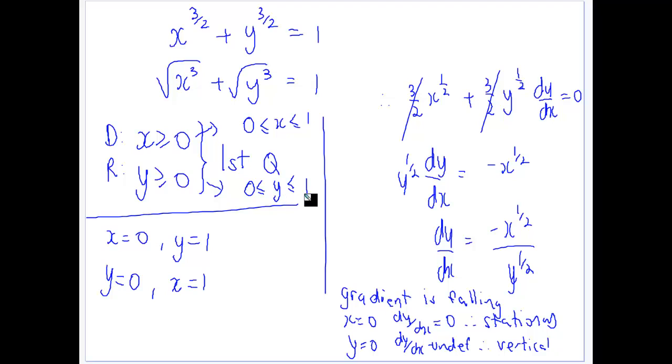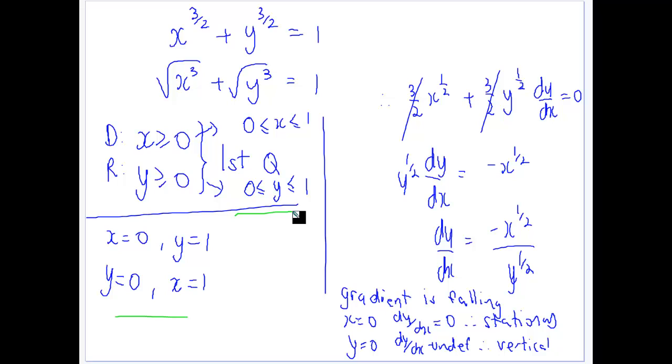And y is between 0 and 1 as well, which means that if x is equal to 0, y is 1, and if y is equal to 0, x is 1. So there are some critical points. There's our domain. So what's happening for our gradients?